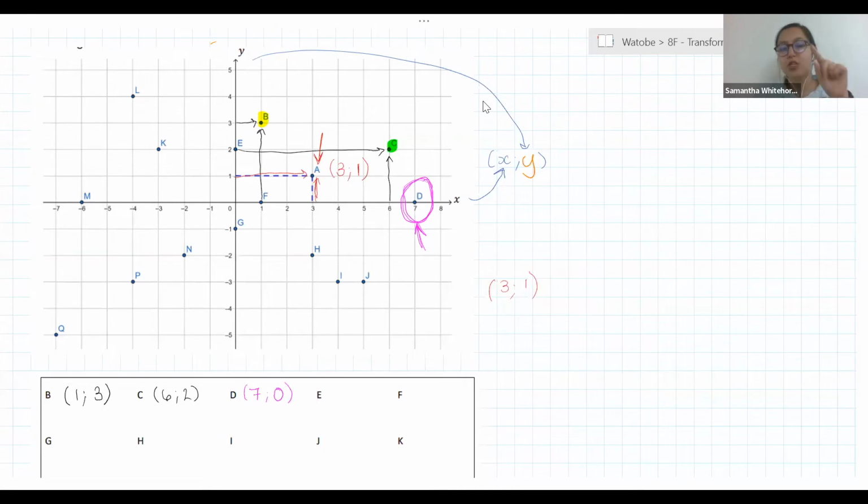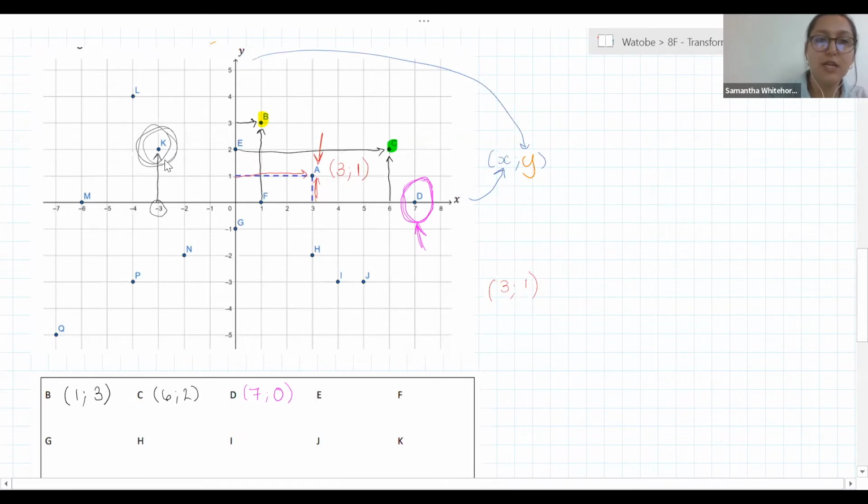And so these two sets of axes allow us to plot these points. So for example, let's take a random coordinate here. The coordinate for K is a very specific point on my Cartesian plane. K is a point that I find only when X is -3 and Y is 2. So -3, 2. And that is that specific point on the Cartesian plane.